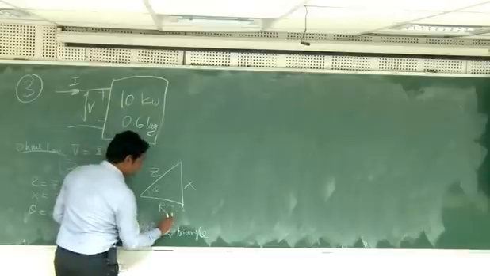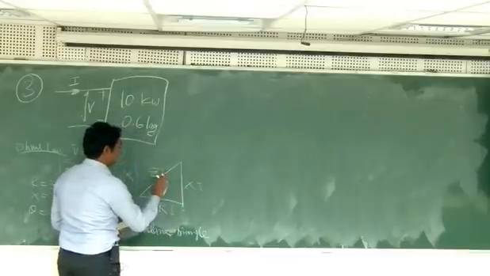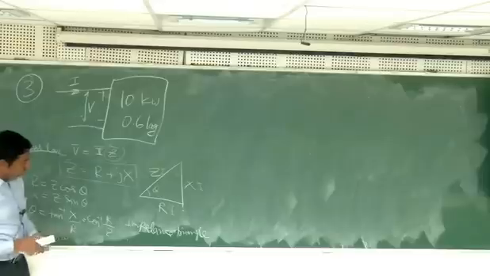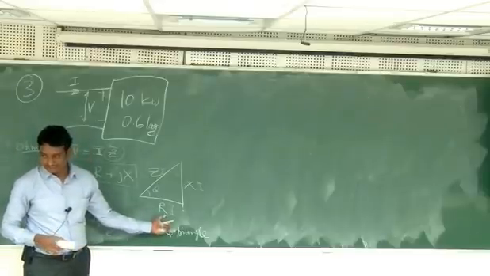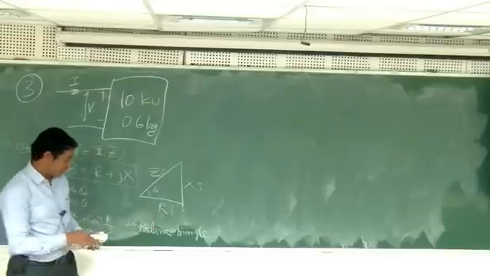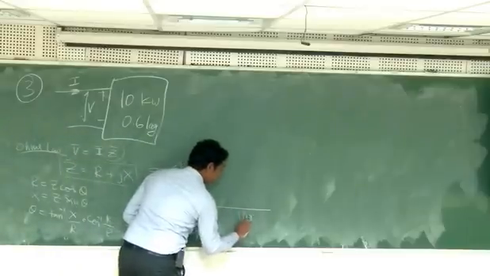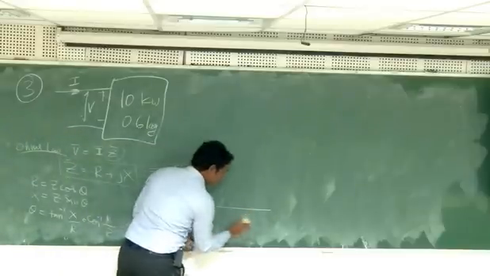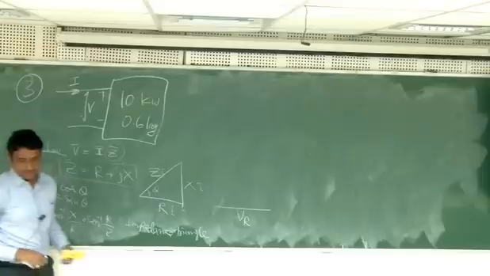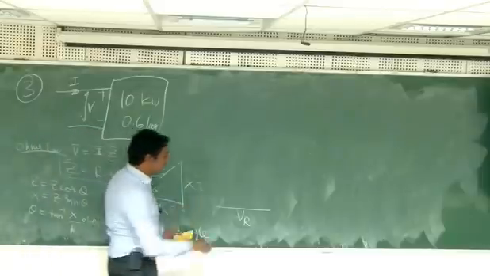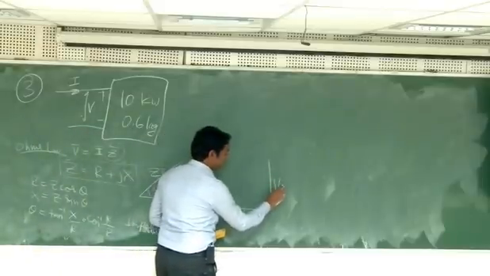Now multiply by I on all sides. What is R into I? The voltage drop across the resistance, which you can denote as V subscript R. X into I is the voltage drop across the reactance, VL.